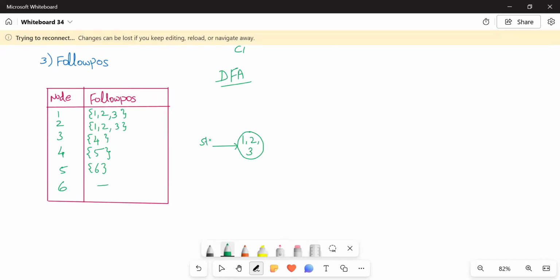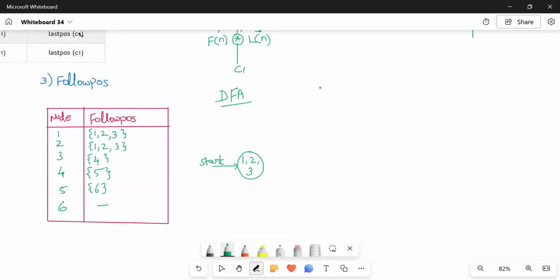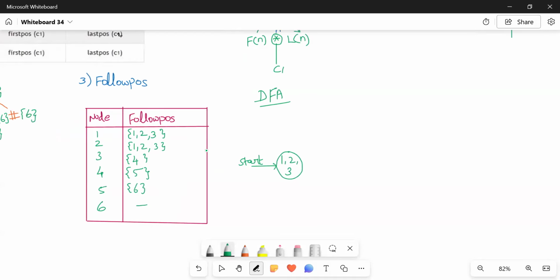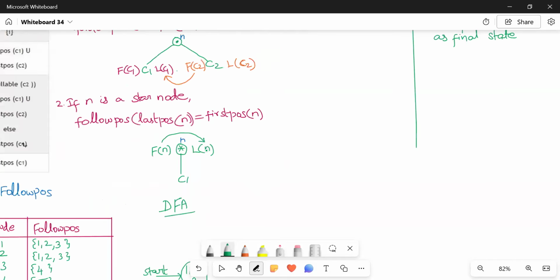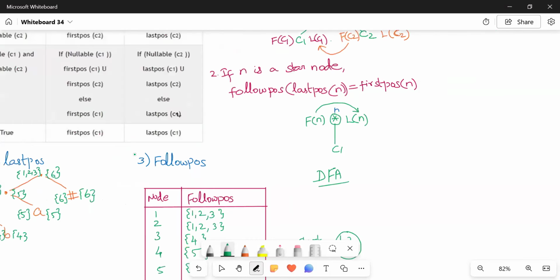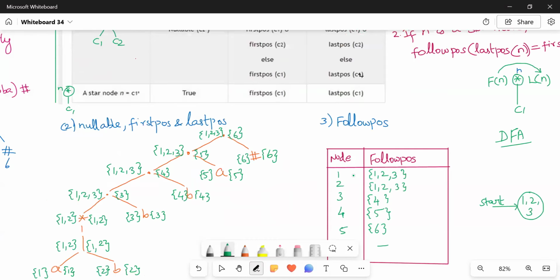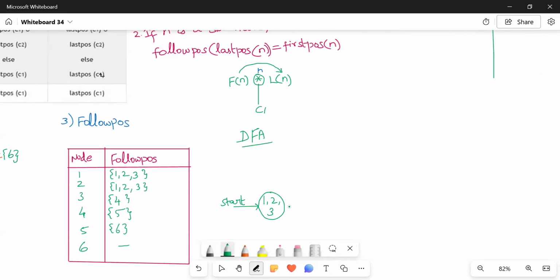To find DFA, we know that the start state will be the first position of the root. First position of root is 1, 2, 3. So 1, 2, 3 we have to mark.